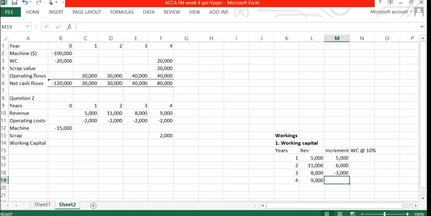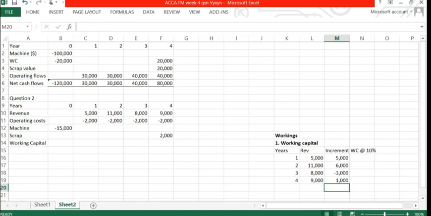The reason why it is negative is because the revenue has decreased. But don't worry, we need it as a negative because it will tell us something. Then in the fourth year, our revenue had increased a little bit from 8,000 to 9,000. So the working capital requirement is going to be based on this figure minus this figure.